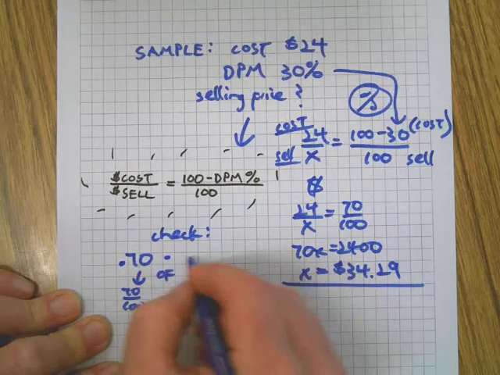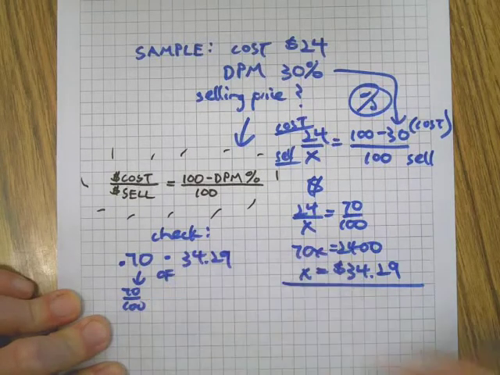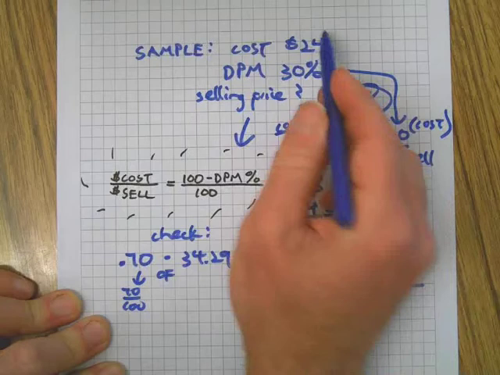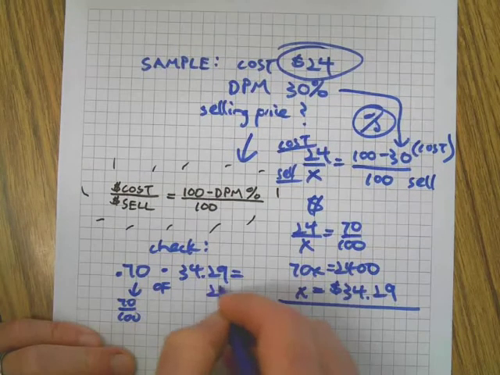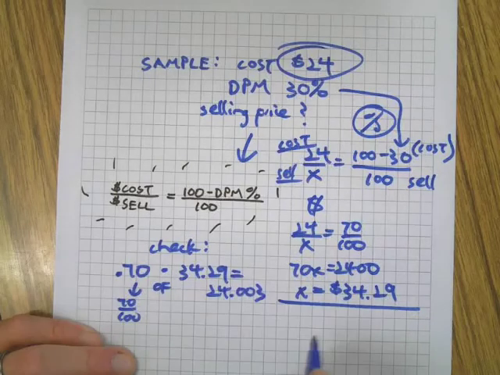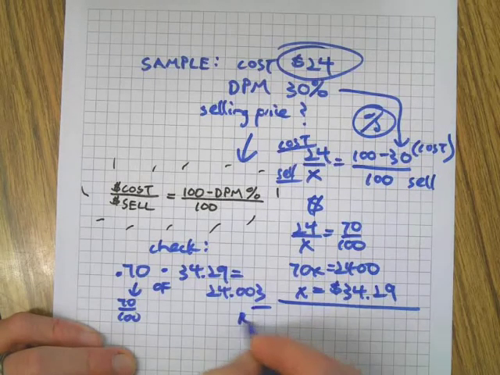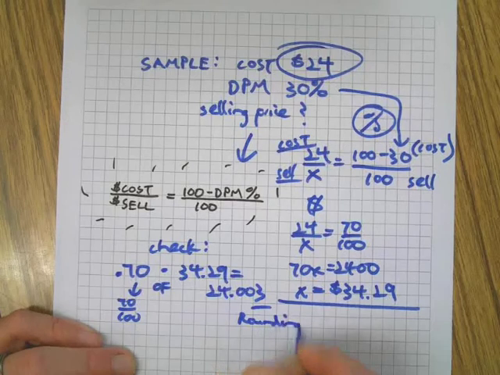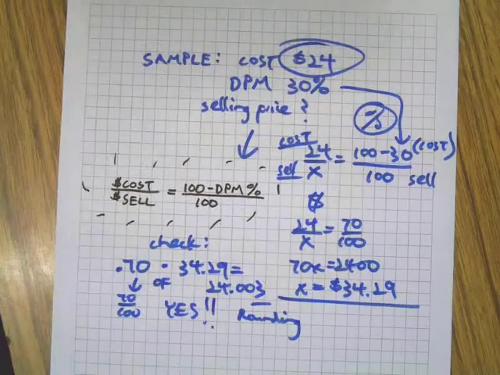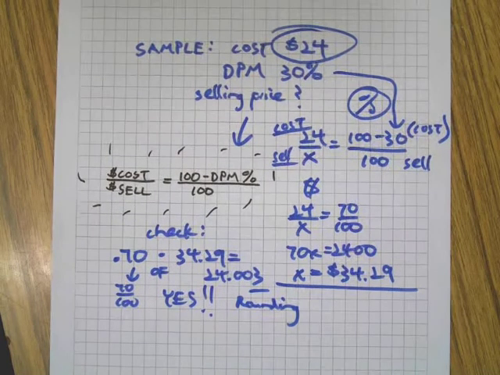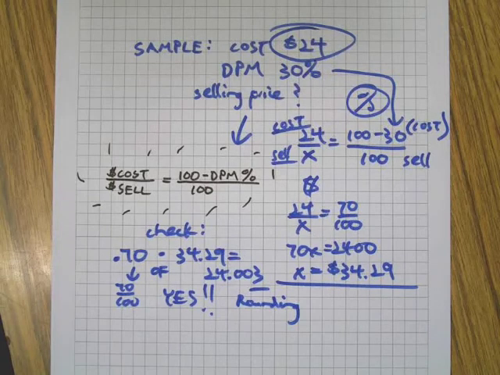The multiplication sign represents the word of. 70% of my answer should get me back to the problem, right? And it does, within 3 thousandths, and this is due to the rounding. So that's close enough. That proves that this works. So if you're given a problem where they tell you what the cost and the profit margin is, there's a way to do it. All right.